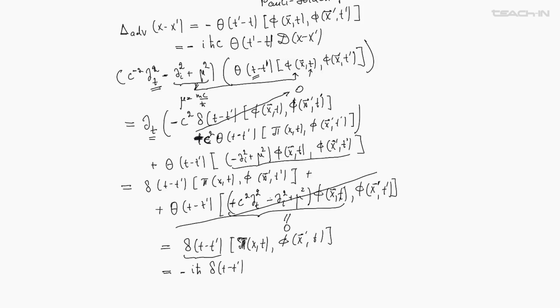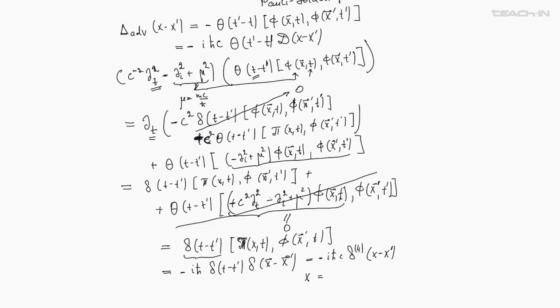So in other words, we restore on the right-hand side the four-dimensional delta function, minus i h bar c delta 4 depending on the difference x minus x prime, where I made use of x0 equals ct.